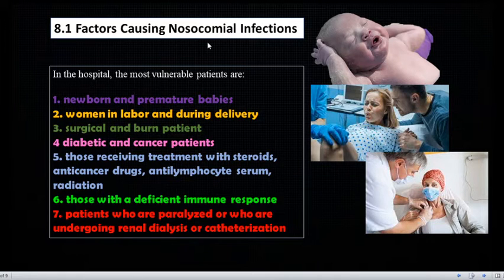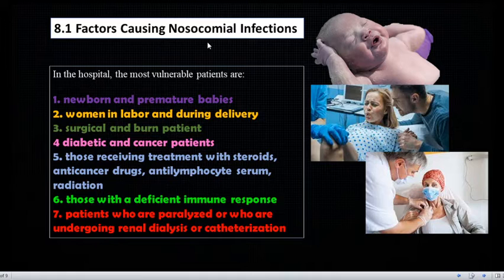Simula nung gumamit na ng aseptic techniques inside the hospitals, bumaba yung nosocomial infections natin. So, nosocomial infections will depend on the capability of the hospital to handle this type of infections, or to control the spread of microorganisms inside the establishment.